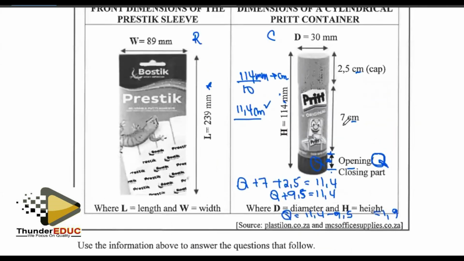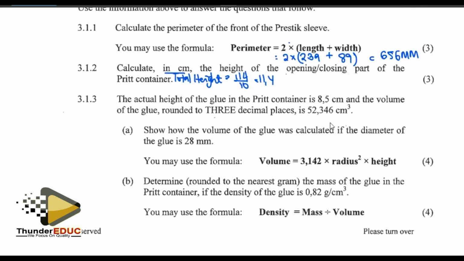When I add my unknown plus 7 plus the 2,5, I should get 11,4. Simply meaning this has to be 7 plus 2,5 plus the unknown. When I add these two, I end up having 9,5. So I will say 11,4 minus 9,5 equals Q.